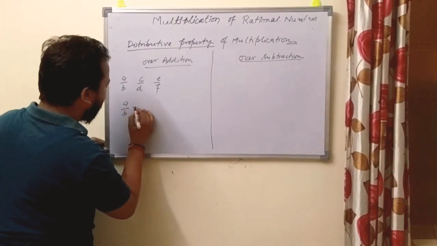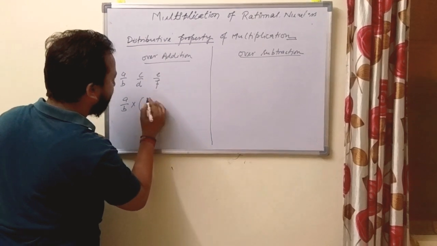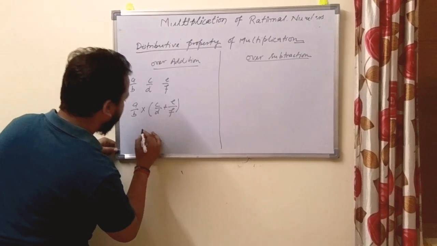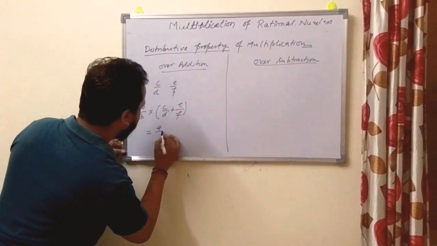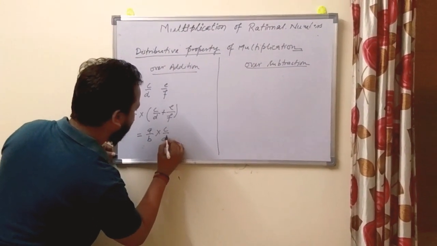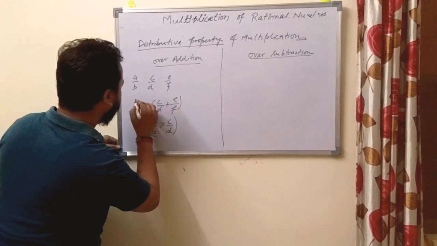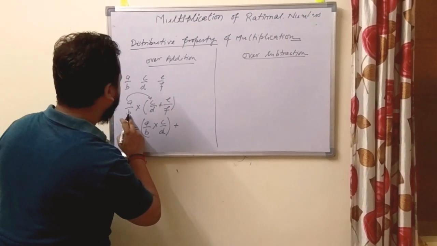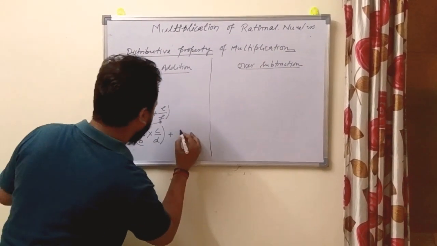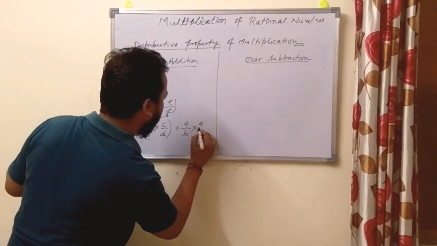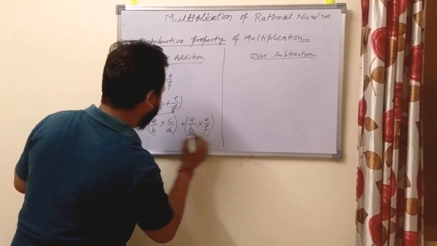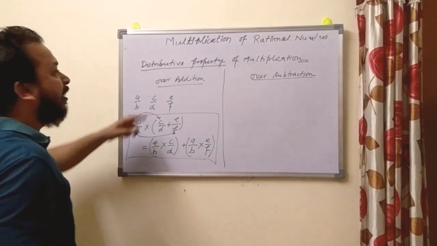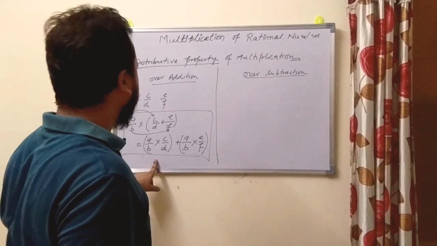So a by b multiplied by c by d plus e by f, by using distributive property over addition, it is given as a by b multiplied by c by d in one bracket, means you have to multiply this number to this plus this number to this number, a by b multiplied by e by f. So this is the distributive property of multiplication over addition.